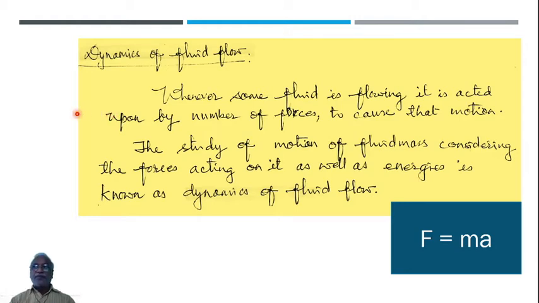I repeat, in statics the body is at stationary condition or it is moving with a constant velocity, means there is no acceleration. There is no acceleration, that itself means that sum of the forces acting on the fluid or the substance or the object is equal to 0.